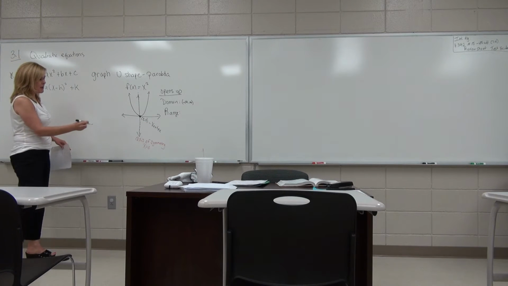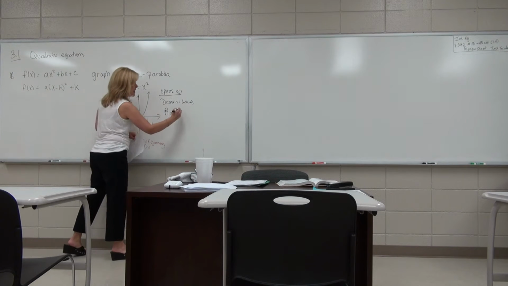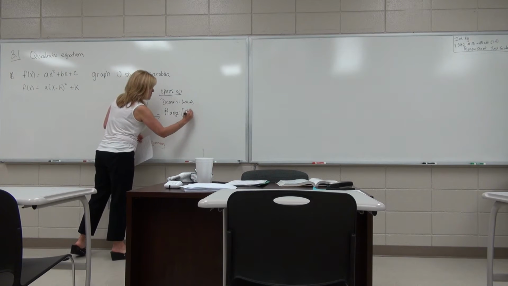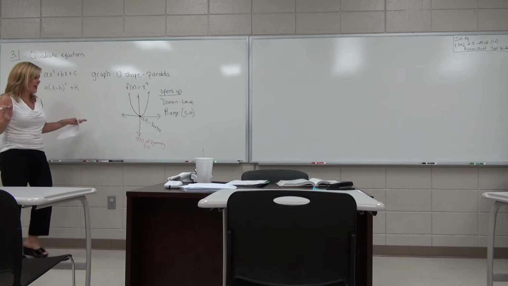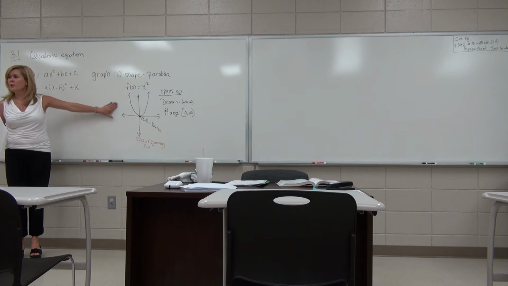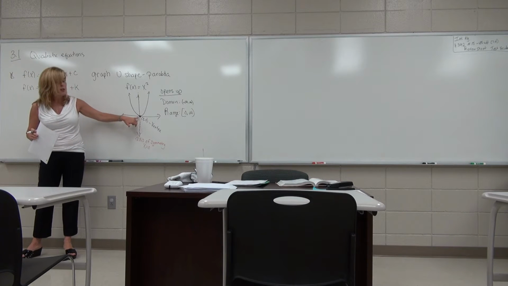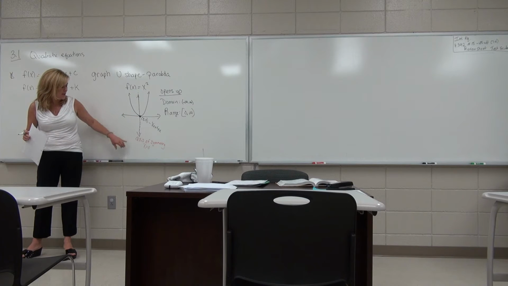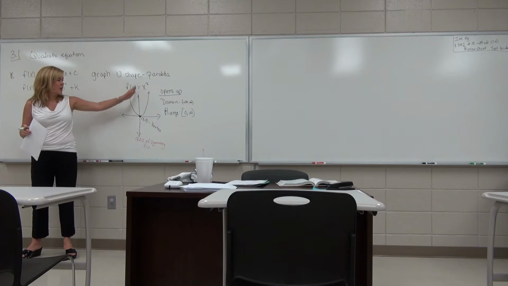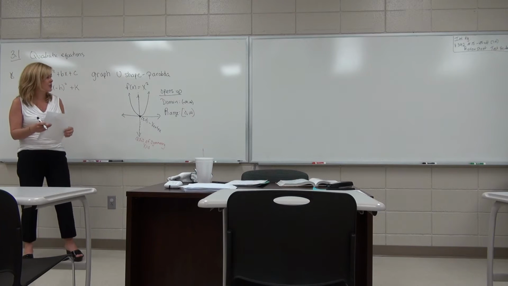But for this one, what's my bottom y value here? 0, and it goes all the way up. So my range is from 0 to infinity. Now that's our basic graph. This is something we've already learned. The only new things you have is the terminology of the vertex, which is that point at the bottom. Of course, this will be the minimum point on this graph. And then the line that goes through the vertex is called the axis of symmetry. Those are the only two things that are extra.